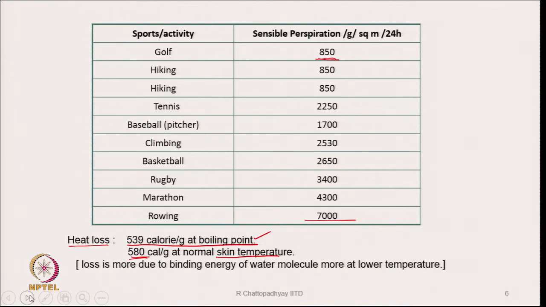Therefore, what do we do? We try to wipe out the sweat first using a towel, and then we go under a fan or somewhere where there is some wind blowing, so that whatever sweat is still left on the skin starts evaporating, and as it evaporates, it takes away the body heat. The net result is that the skin temperature will start going down, and you will start feeling comfortable.